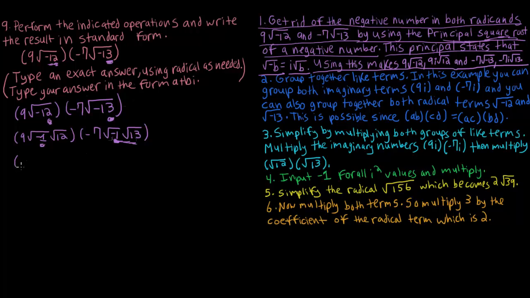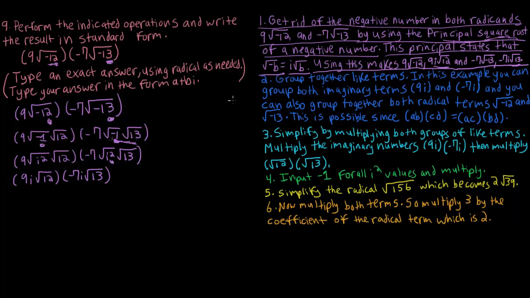So we end up with 9 square root of I squared times 12 times negative 7 square root of I squared times 13. And then if we simplify that, it ends up being 9I square root of 12, and then negative 7I, because I squared simplifies to I, and then square root of 13. And that's what we had here. 9I square root of 12, negative 7I square root of 13.